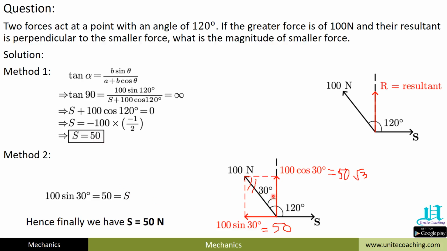And we get an idea from the visualization that this force should be equal to this force, so that the resultant is perpendicular. So this second method doesn't have too much to write, but too much to visualize, and the first method is not giving us a clear picture, since we are using only formulas.